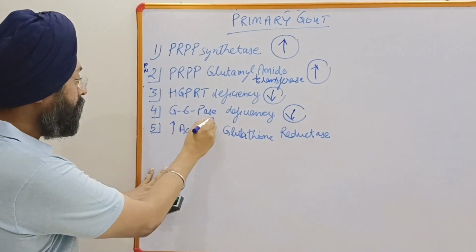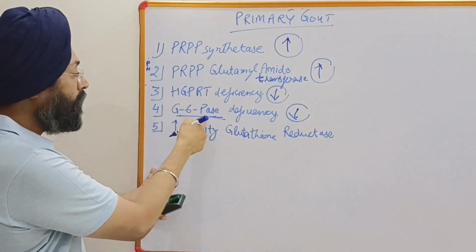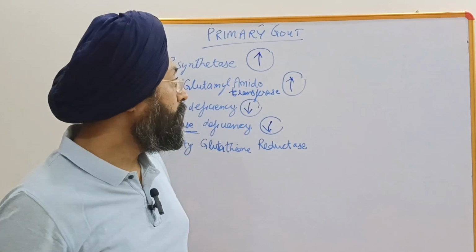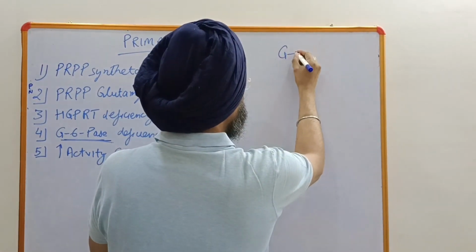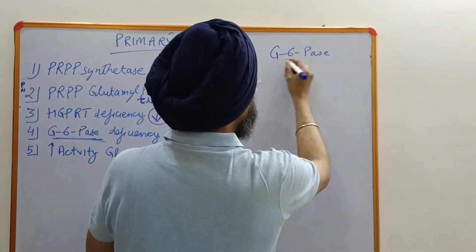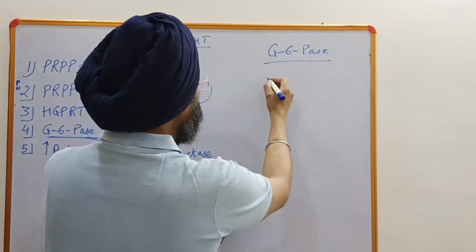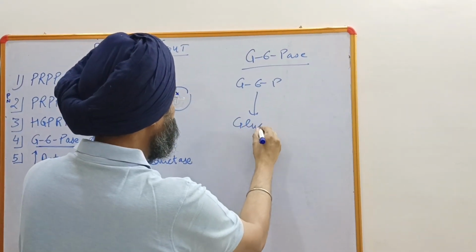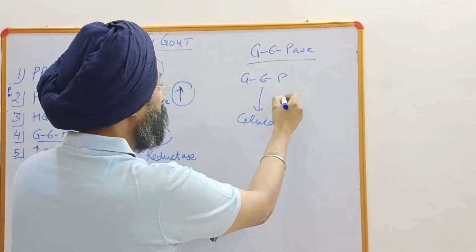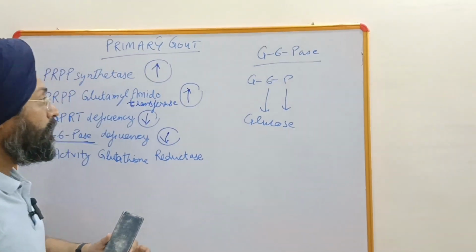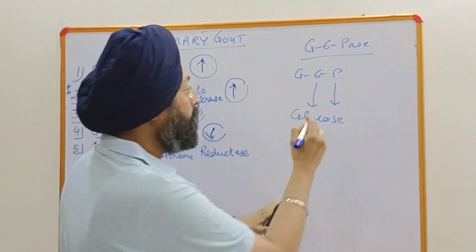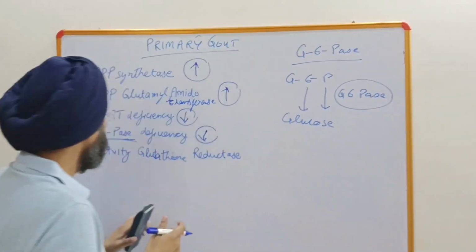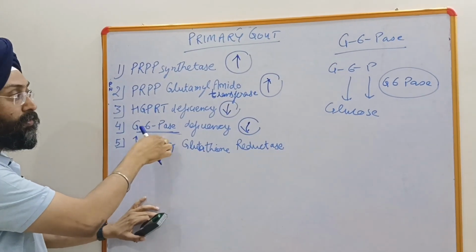Now I will start with this deficiency first. The fourth enzyme, glucose 6 phosphatase deficiency, it will help you to understand it easily, right? So glucose 6 phosphatase causes breakdown of glucose 6 phosphate to glucose, right? Now we have deficiency of glucose 6 phosphatase.